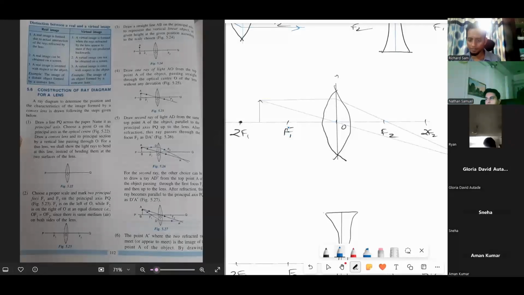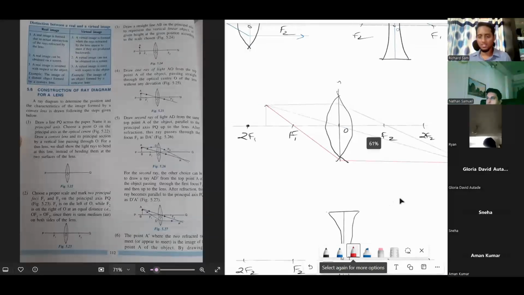How would the third ray be? The third ray goes through F1. It's going out of my lens, but say the lens is there. You see, the third ray also should meet exactly at the same point where the other 2 rays met.